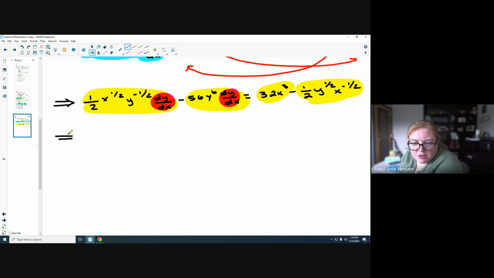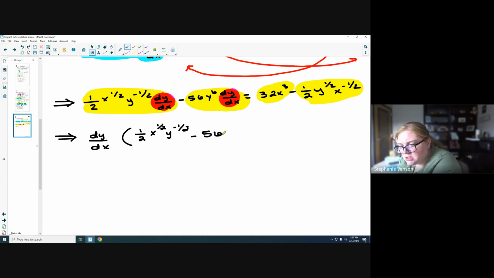So that gives me dy dx times 1/2 x to the 1/2 y to the negative 1/2 minus 56y to the 6th is equal to 32x cubed minus 1/2 y to the 1/2 x to the negative 1/2.